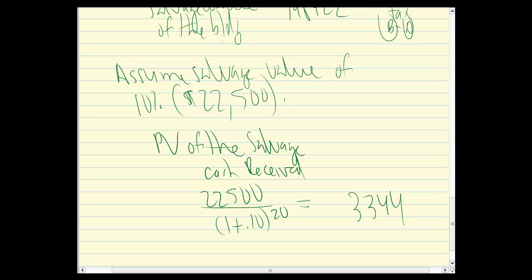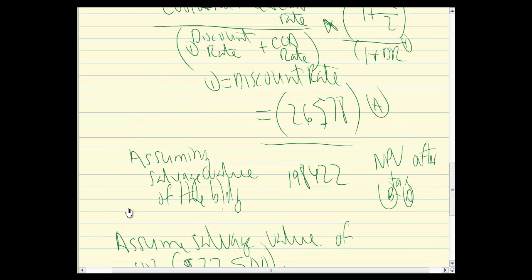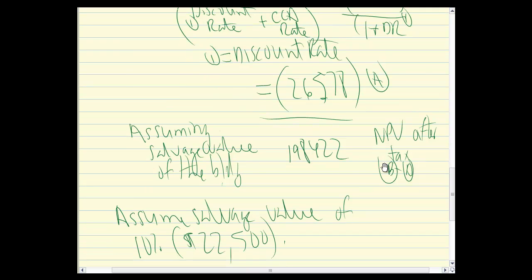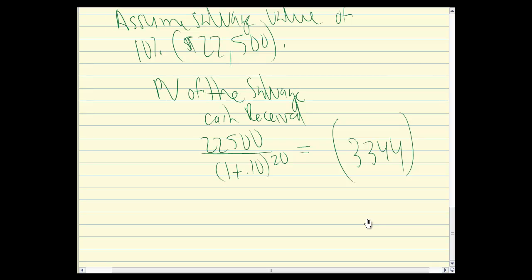Is that right? Okay. So that clearly is a reduction in our costs. Because remember, we're looking at things that are coming into us, what will reduce our original 225 cost. Clearly somebody giving us some of that money back in the future is a reduction of our net cost. Okay, so 3344, good.